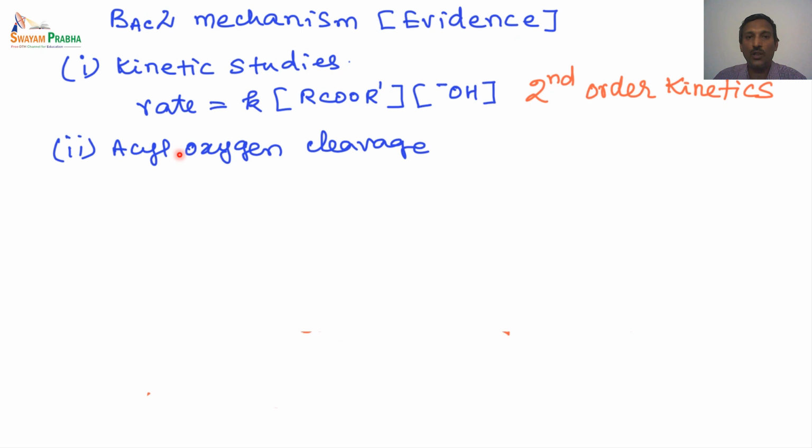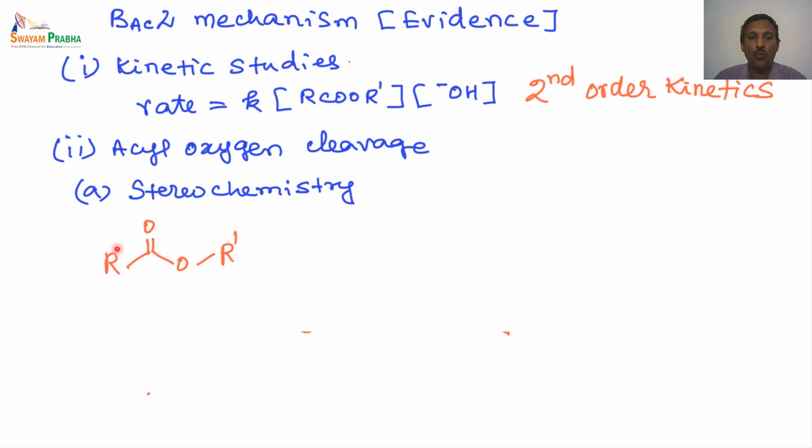Now we will have to look at how we confirm this is an acyl oxygen bond cleavage. So we can study using the stereochemistry. We have a starting material. We have one R group that is attached to the carbonyl group. There is another R prime alkyl group which is attached to the oxygen.